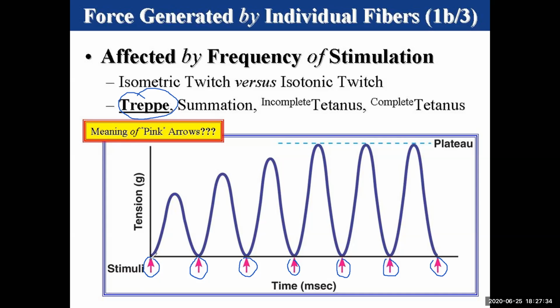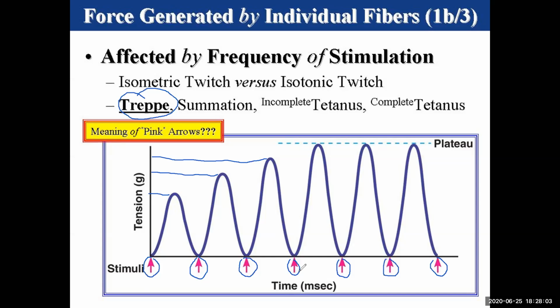So the first stimulus generates this much tension. You let it come back, you apply the same intensity, the muscle responds by generating much more tension here. Let it rest, apply the third stimulus, the muscle generates still greater tension, despite the fact that you did not increase the strength of the stimulus.